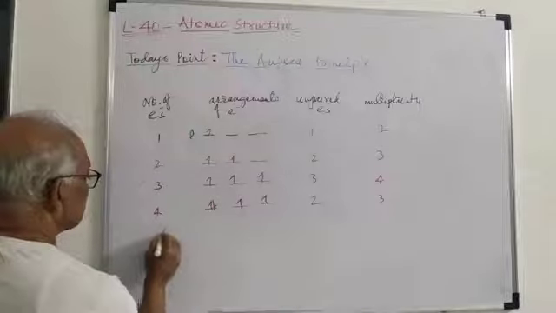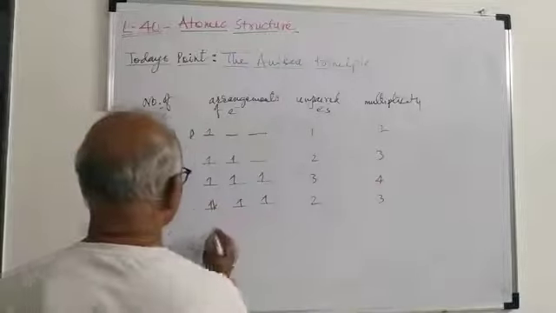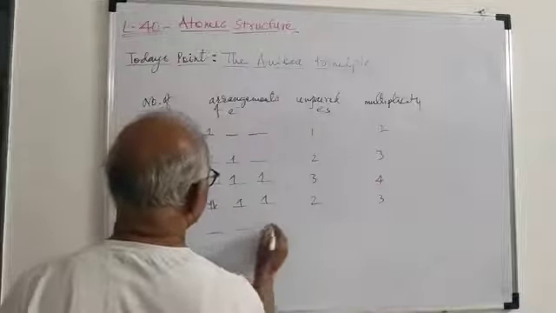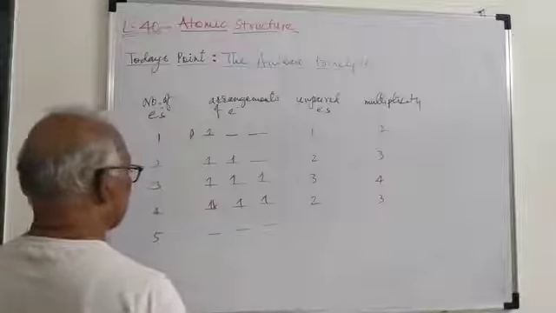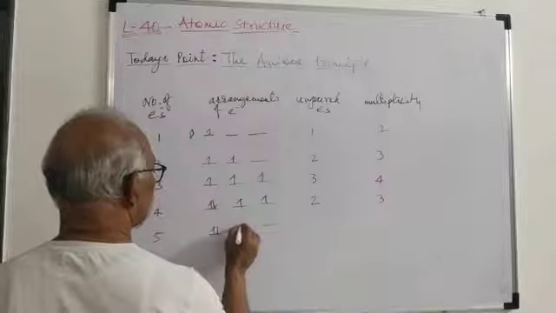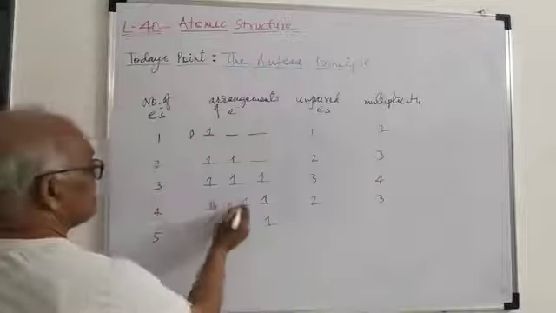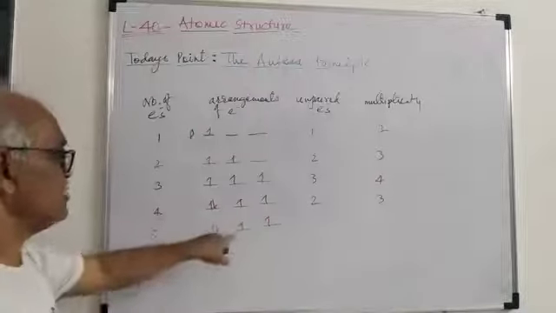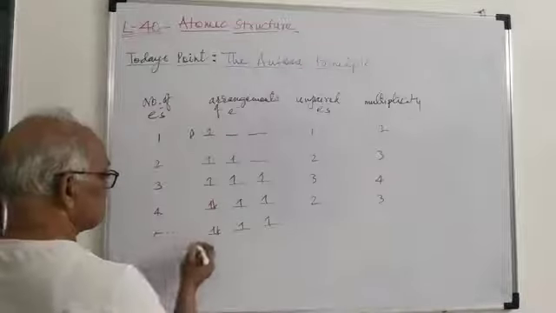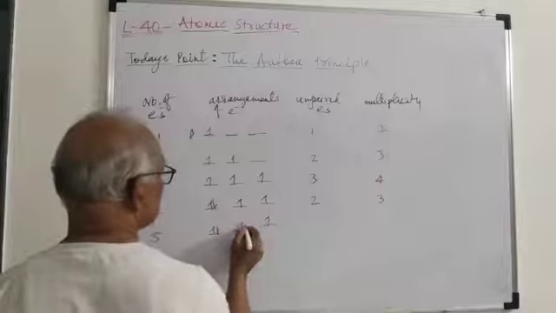Then we have 5 electrons with these 3 atomic orbitals. The 5th electron will go like this. These are 4 electrons as shown above. When we add one more electron, it may go here or here.